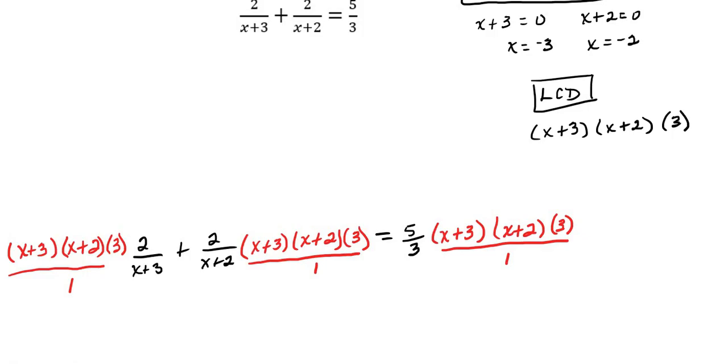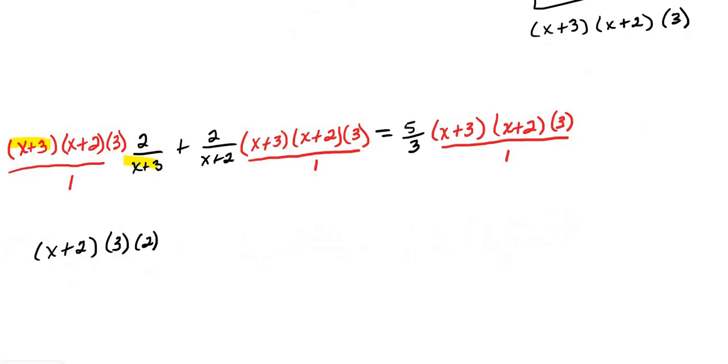So in my first term, I'm going to cancel out the x plus 3's, and I'm left with x plus 2 times 3 times 2. In my next term, I'm going to cancel out the x plus 2's, so I'm left with 2 times x plus 3 times 3. On the right-hand side of the equation, my 3's are going to cancel.